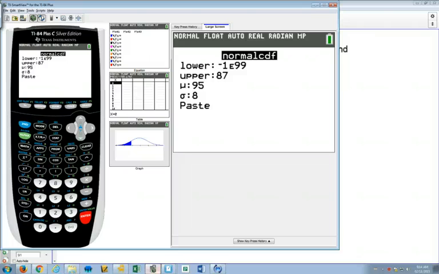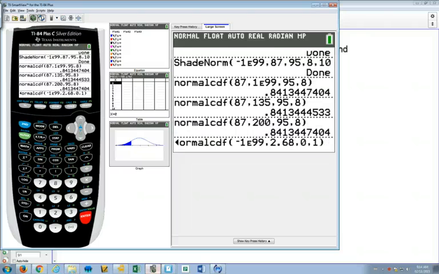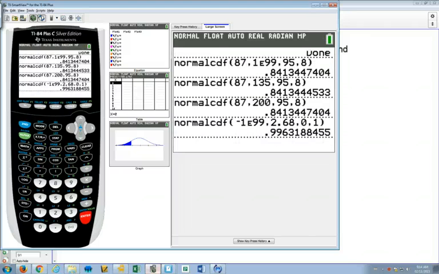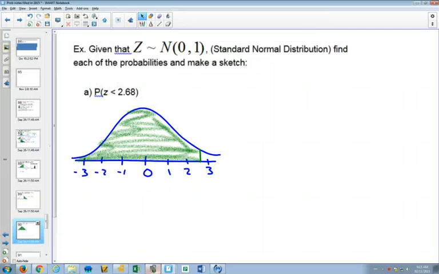It already has the -1 e to the 99. Now we're going up to 2.68. Our mean is 0 and our standard deviation is 1. And you've got a 99.6% chance, very high, that your z-score would be less than 2.68.